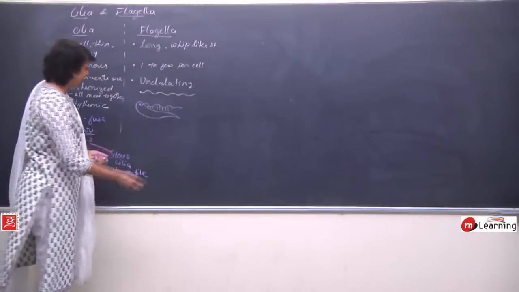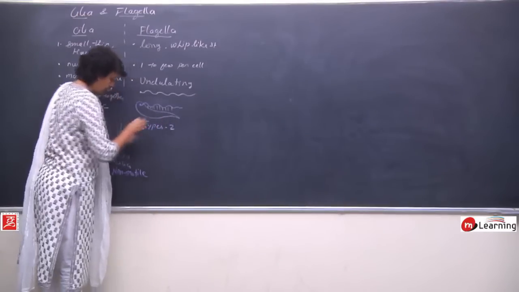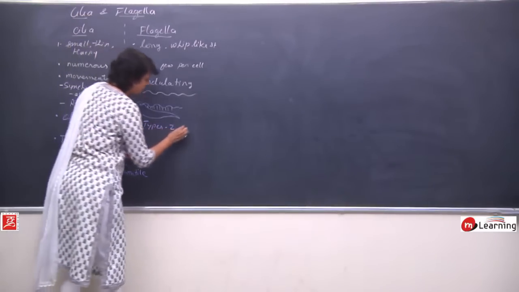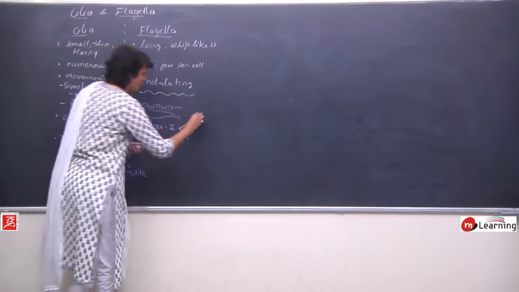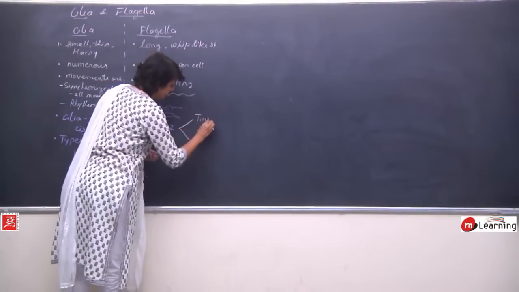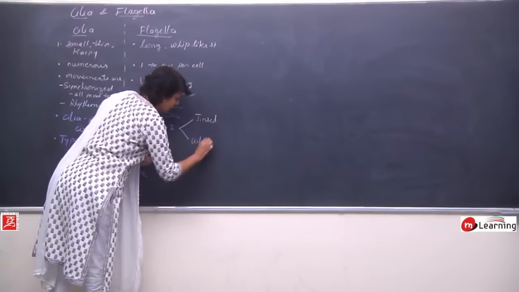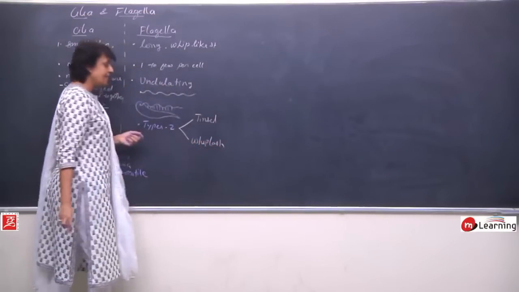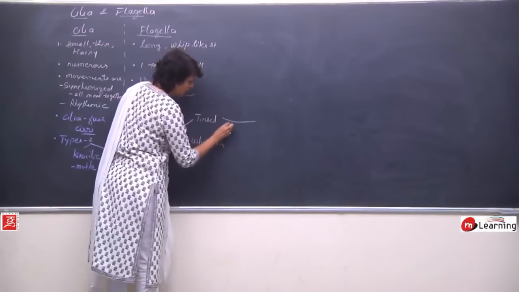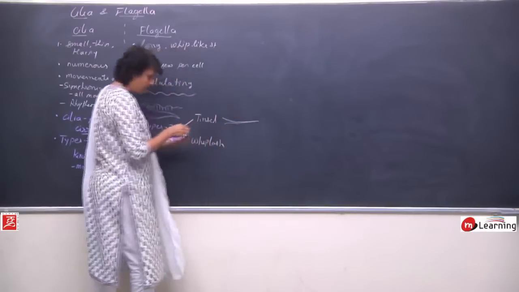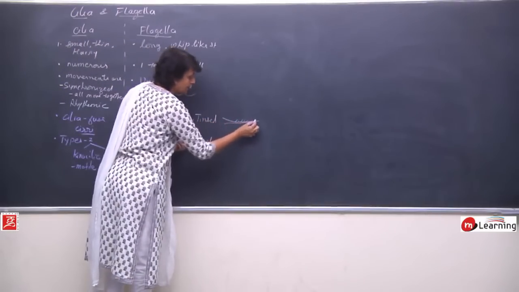So two types. Flagella are also of two types. These two types are on the basis of their external structure and shape. One is known as tinsel type, and the other is known as whiplash. Tinsel is broad from the base and goes on becoming narrower, plus it has some stiff hair-like structures.